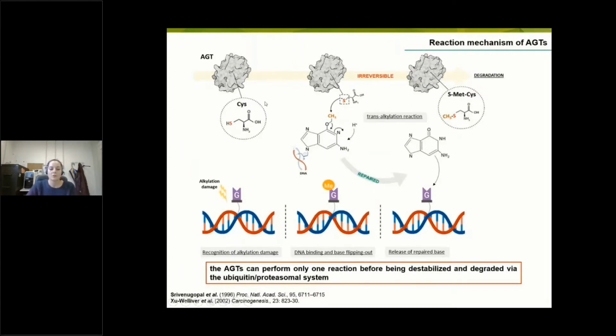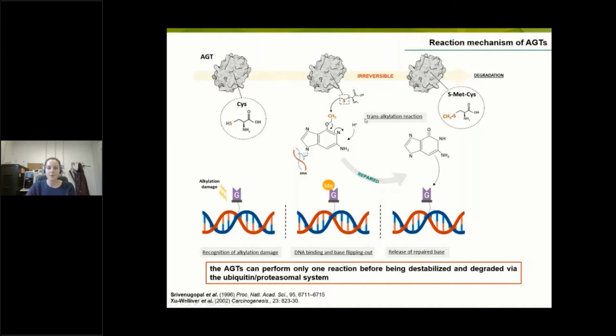So through a sort of scanning of the DNA, the AGT can recognize the lesion and bind the minor groove of DNA. In this case, the alkylated base is extruded from the double helix with a sort of flipping out mechanism and interacts with the active site of the protein, in particular with the cysteine residue in the active site, which is the main amino acidic residue involved in the entire reaction.